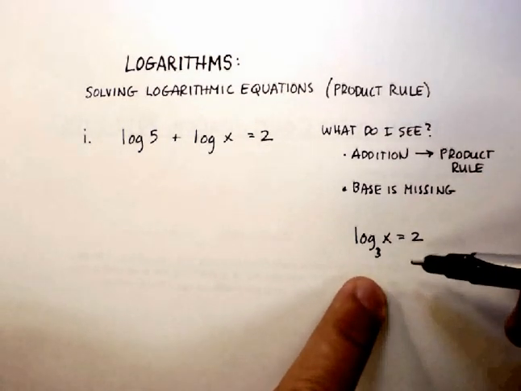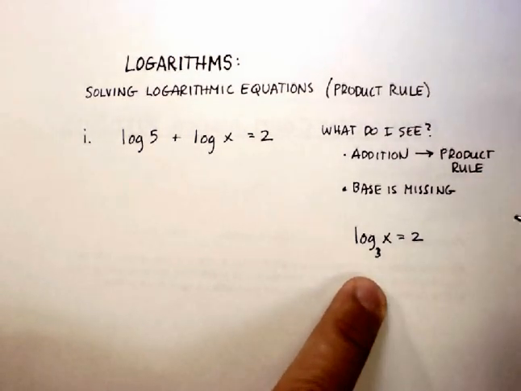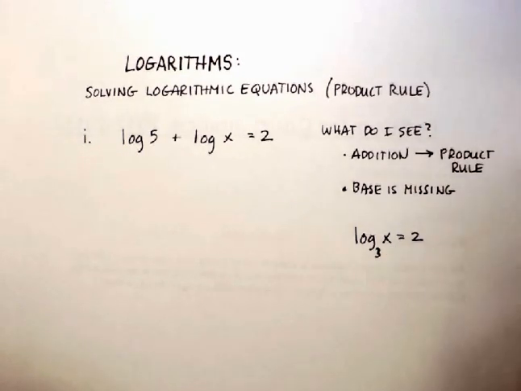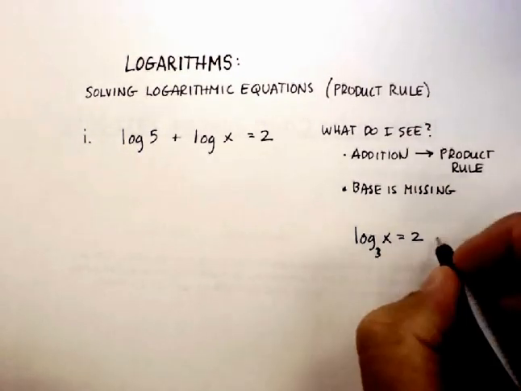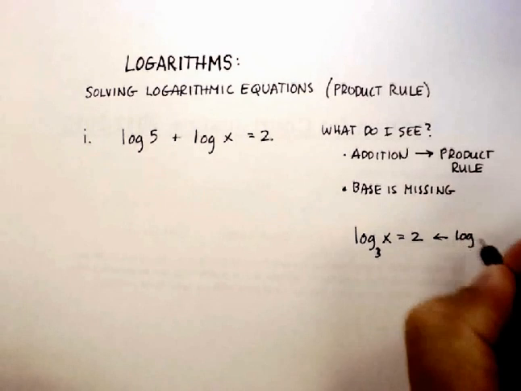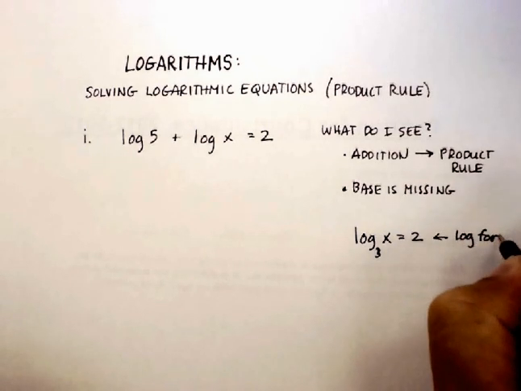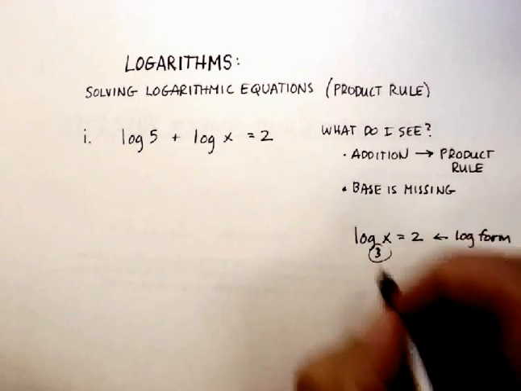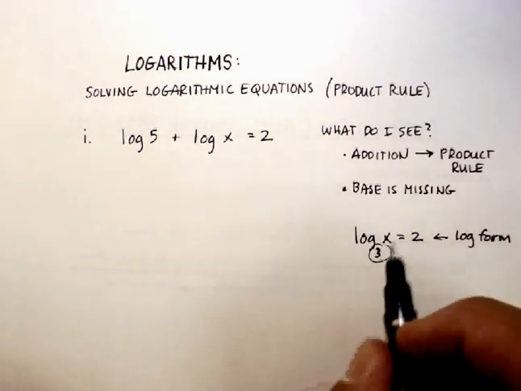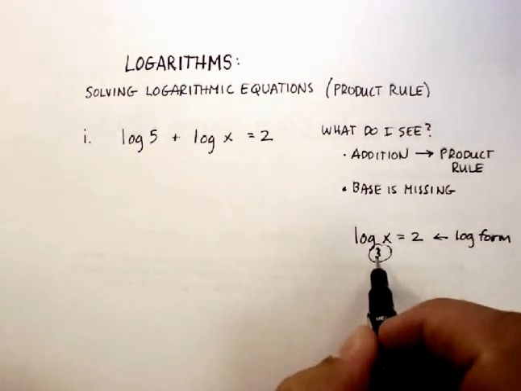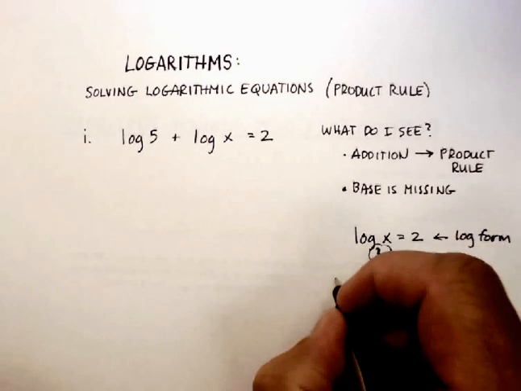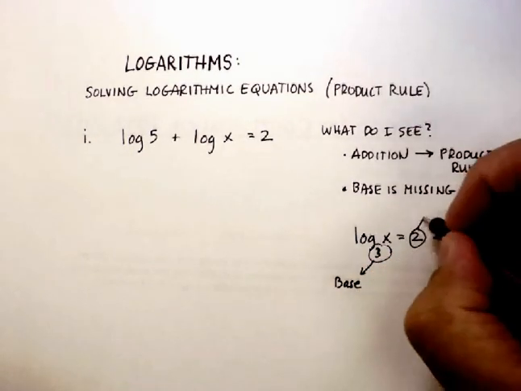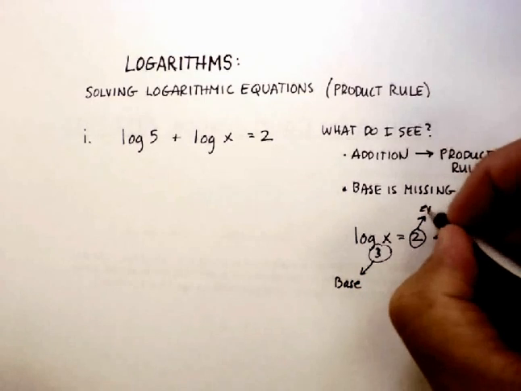This is a very simple logarithmic form, and you can change this logarithmic form to what's called the exponential form. Okay? The log form to the exponential form. And what is the exponential form? The exponential form says this. This little subnumber is what's called the base. This number out here is called the exponent.